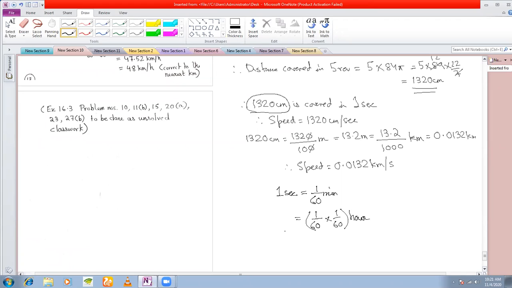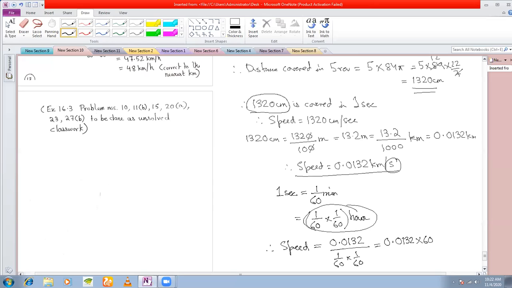So when I convert the speed from kilometer per second to hour, it is 0.0132 into 60 into 60.